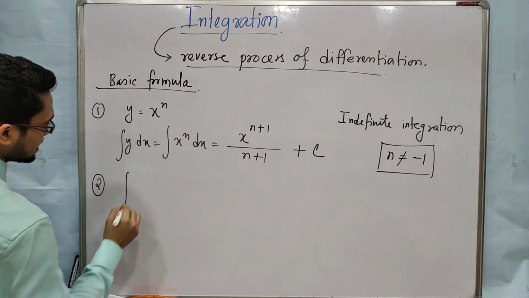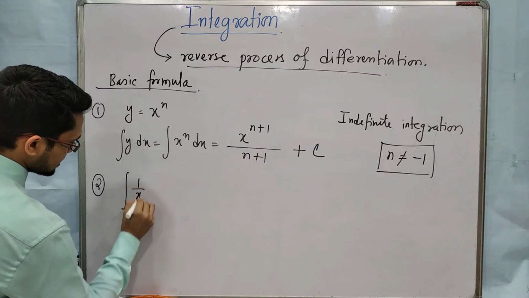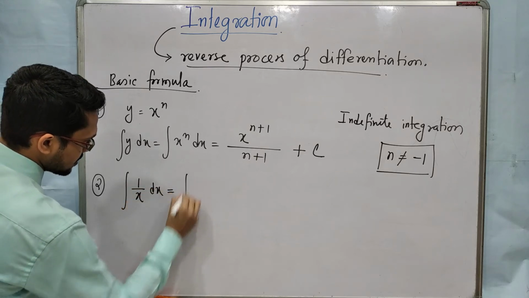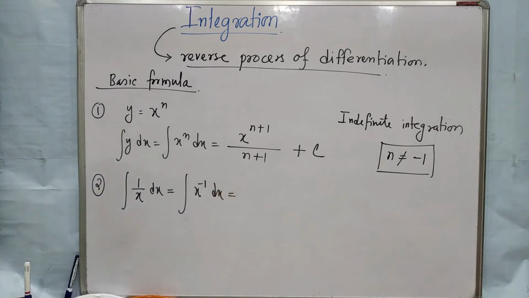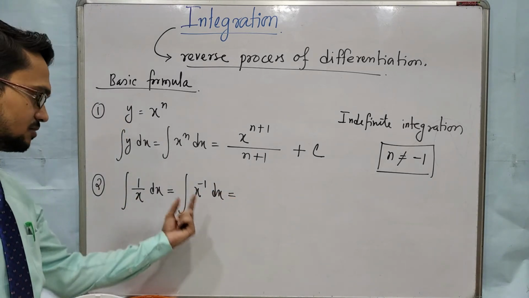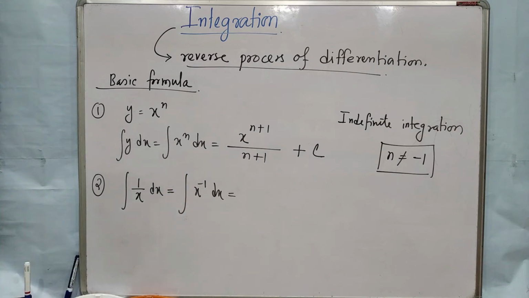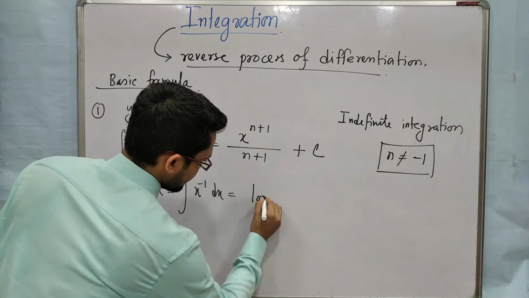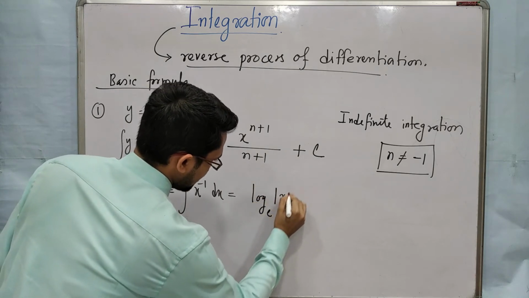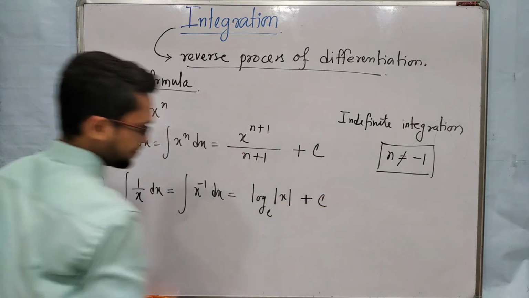Minus 1 means we can write it like this: 1 by x dx, integration x to the power minus 1 dx. 1 by x means x to the power minus 1. Here n equal to minus 1. So for this, the integration formula will be log base e mod x plus c.